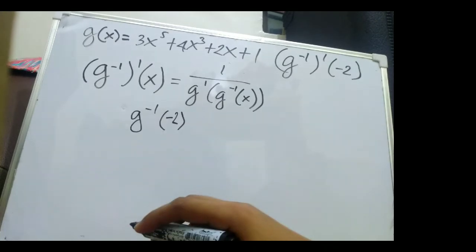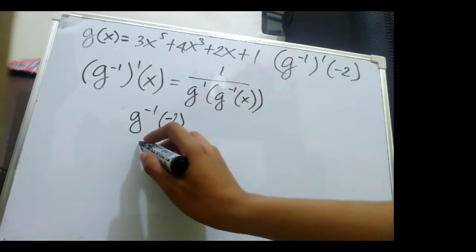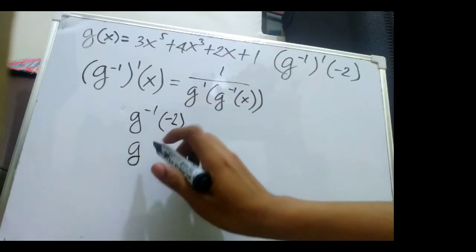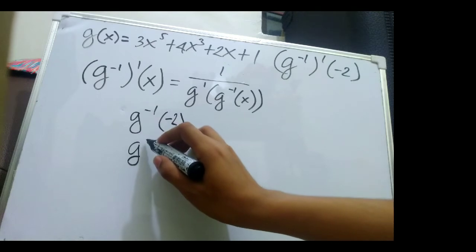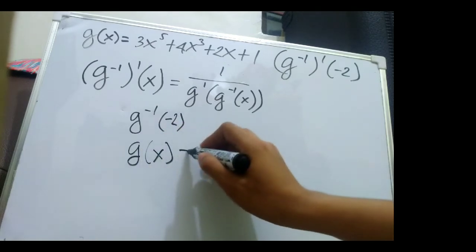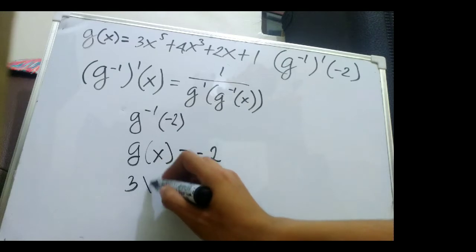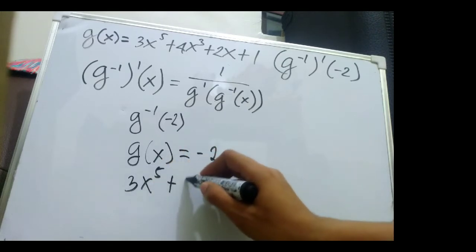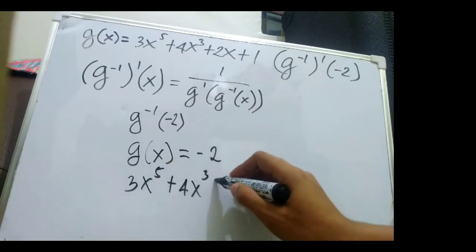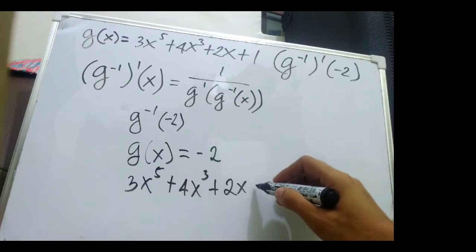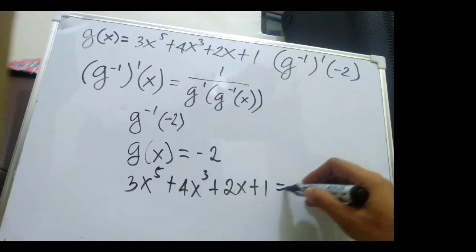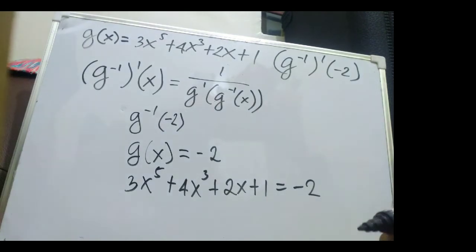So how do we do this? Again, that is just simply g of x equals negative 2. So 3x^5 plus 4x^3 plus 2x plus 1 equals negative 2.